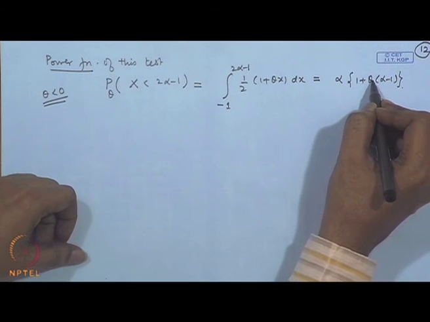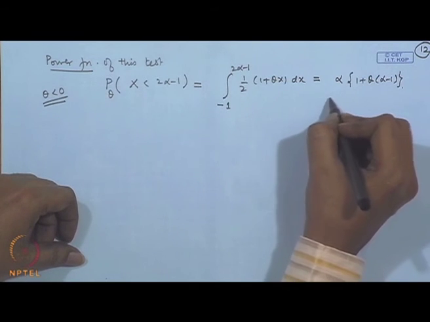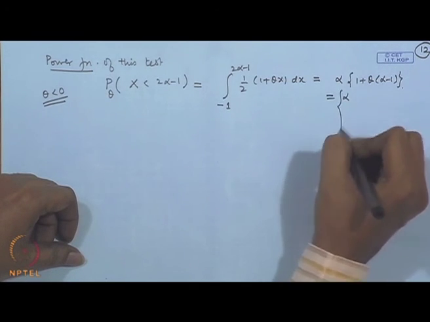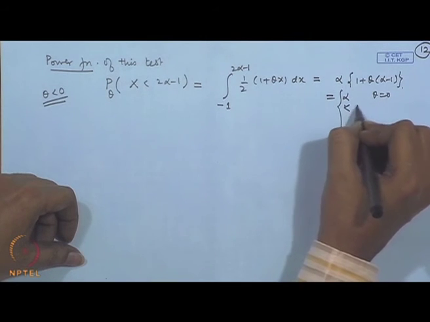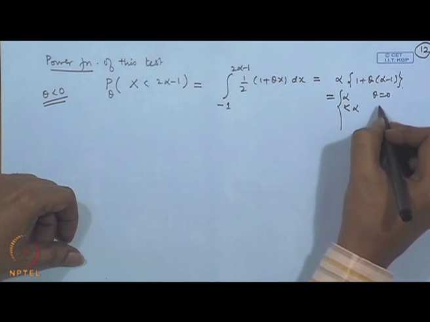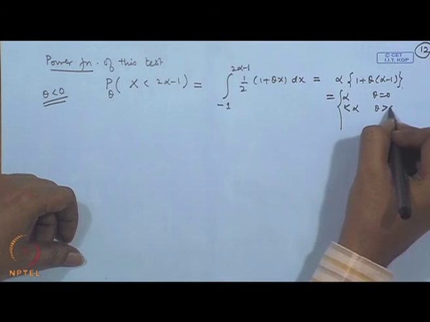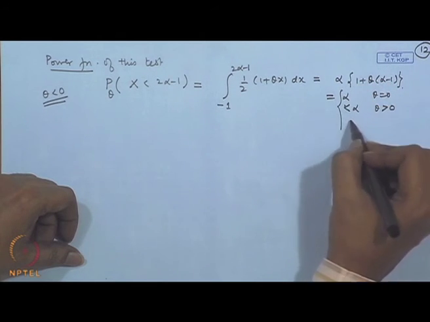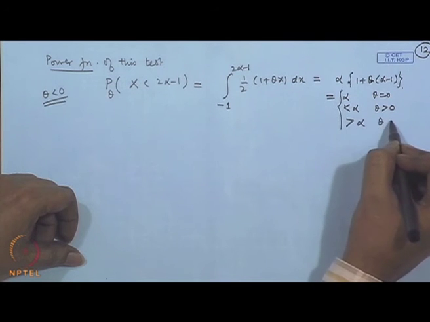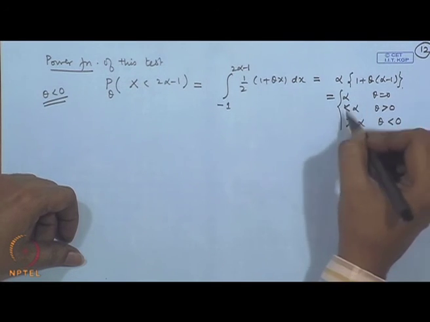For theta greater than 0, it will be less than alpha. If theta is greater than 0, alpha minus 1 is negative. Therefore, this value will become less than alpha, and it is greater than alpha for theta less than 0.